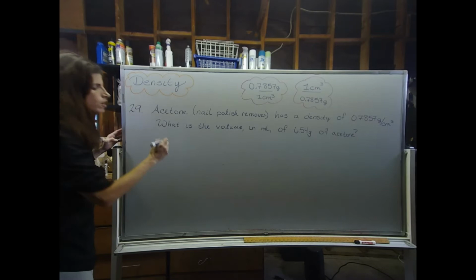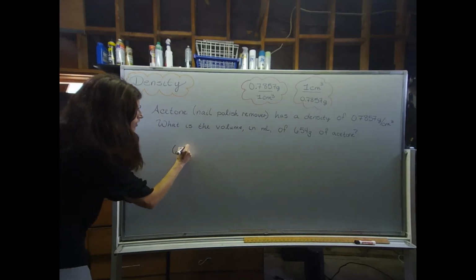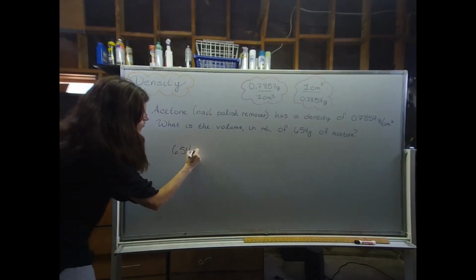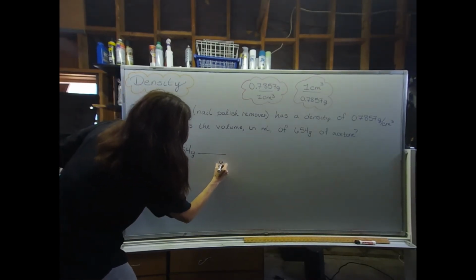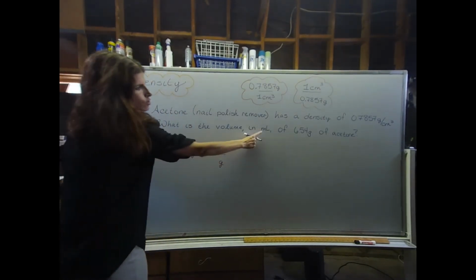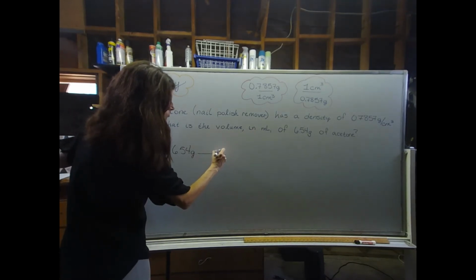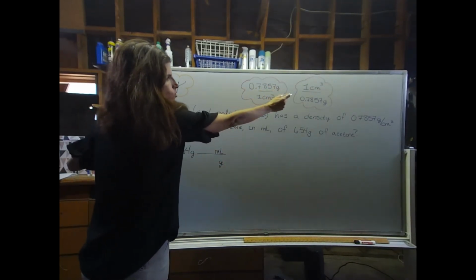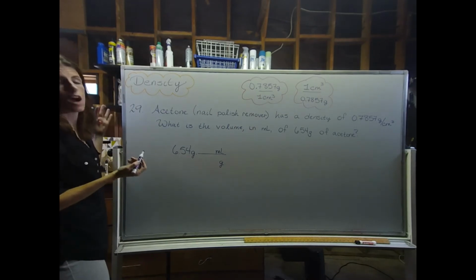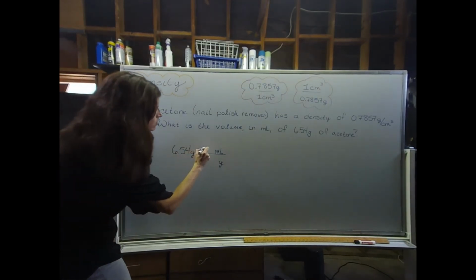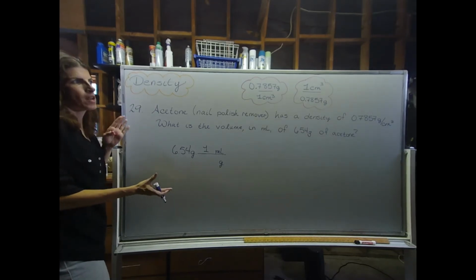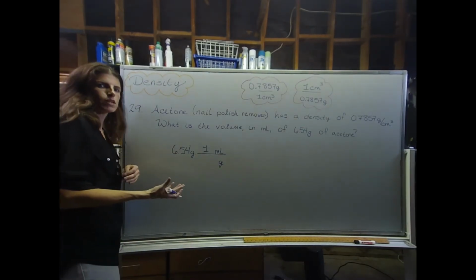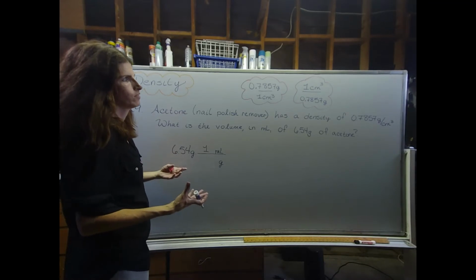Here, we're starting with 6.54 grams of acetone. We need to get rid of grams, and we were asked to convert to volume in milliliters. So I'm going to use the second version of my density conversion factor. And I know it says milliliters, but milliliters and cubic centimeters and centimeters cubed are equivalent.